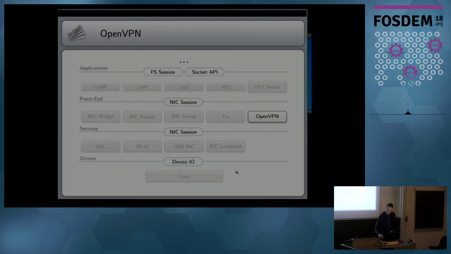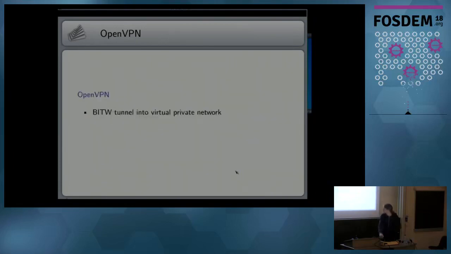Okay, next, OpenVPN. With OpenVPN, you can tunnel to virtual private networks, and this goes again bump in the wire, so you have one NIC session at the one side, and one NIC session at the other side, and it works transparently. So I don't think I have to explain this much.